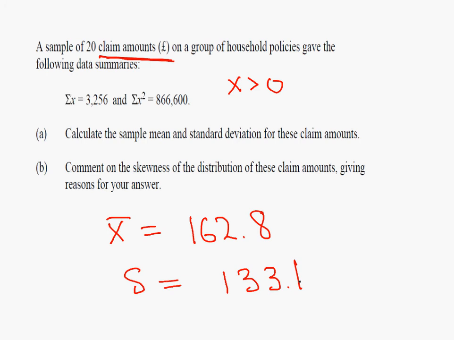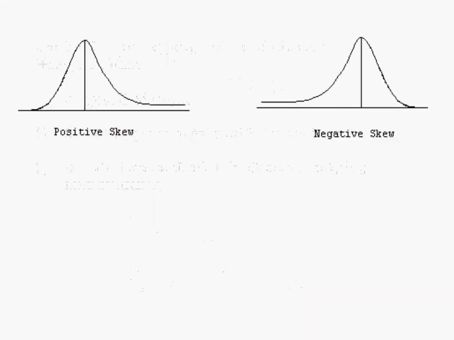This is very much a judgment call, but essentially that does indicate that the data is relatively quite spread out. Now, let's look here. This is positive skew and negative skew. And essentially, this is what we're being asked.